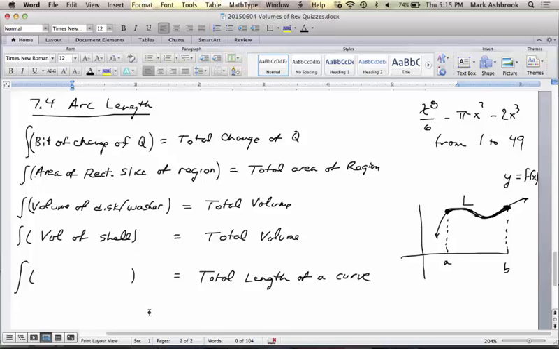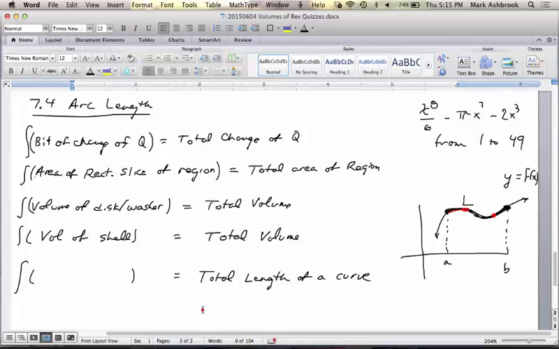We're going to break this up. Here's a new picture. We're going to add up the sum of segments joining points on the curve.